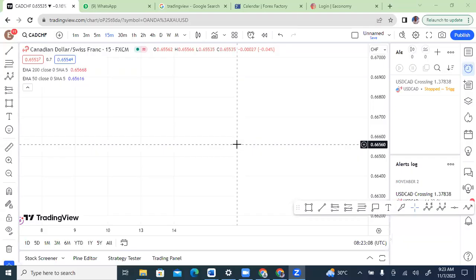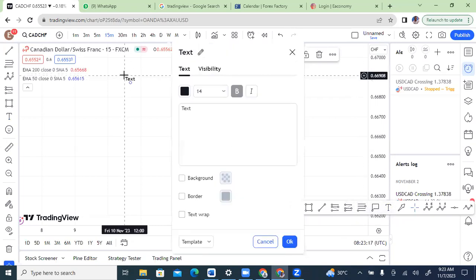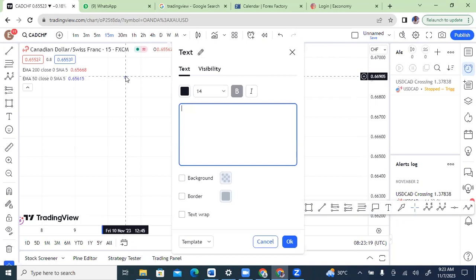So now I'll just use TradingView. Let me show you what Manara entries are like. Say we want to take a buy entry on Manara. This is what it looks like.